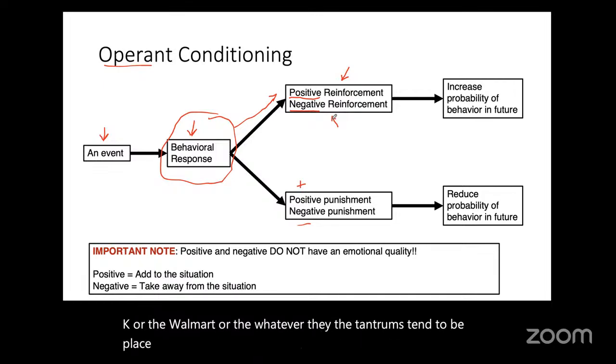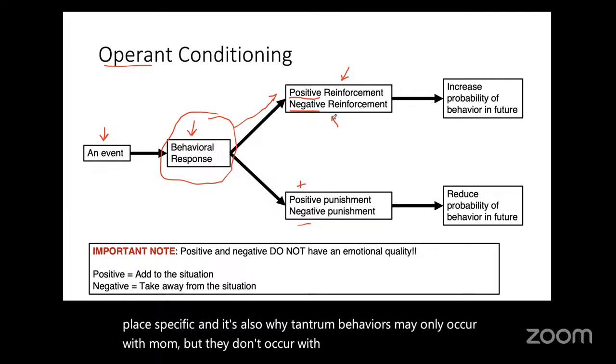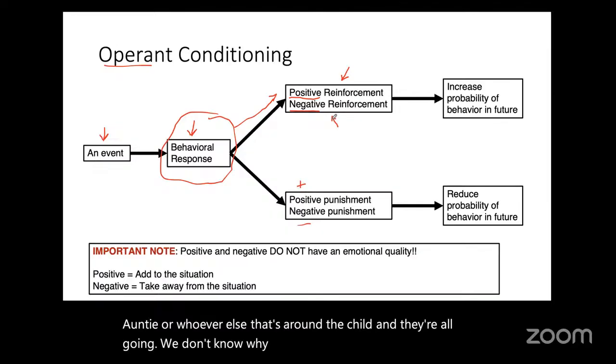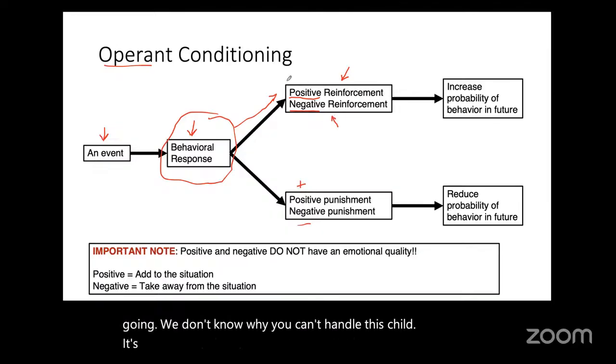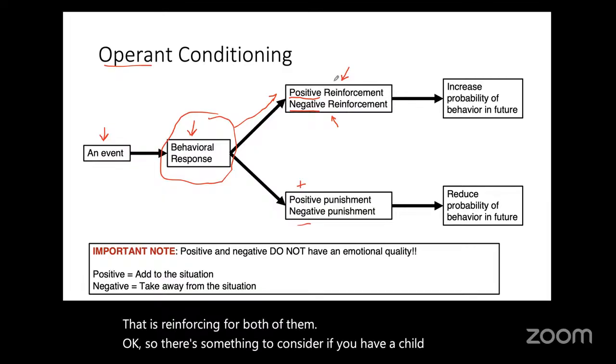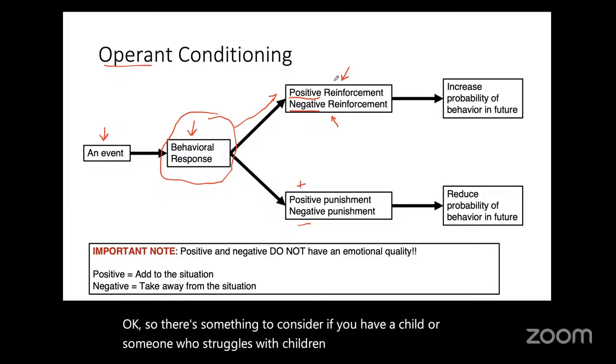And it's also why tantrum behaviors may only occur with mom, but they don't occur with grandma or auntie or whoever else is around the child. And they're all going, we don't know why you can't handle this child. It's because two people are being rewarded in a specific situation that is reinforcing for both of them. Okay, so there's something to consider if you have a child or you know someone who struggles with children who have tantrums.